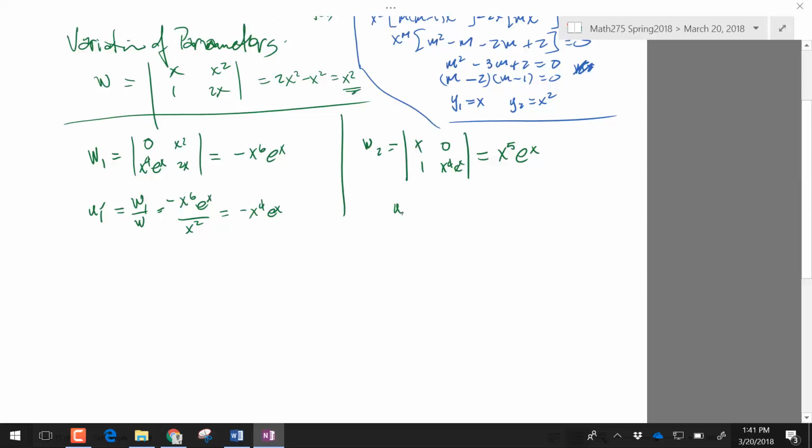And then our u2 prime is going to be W2 over W, x to the fifth e to the x over x squared, so x cubed e to the x. Now we need to find our u without the prime, and we need to integrate minus x to the fourth e to the x.